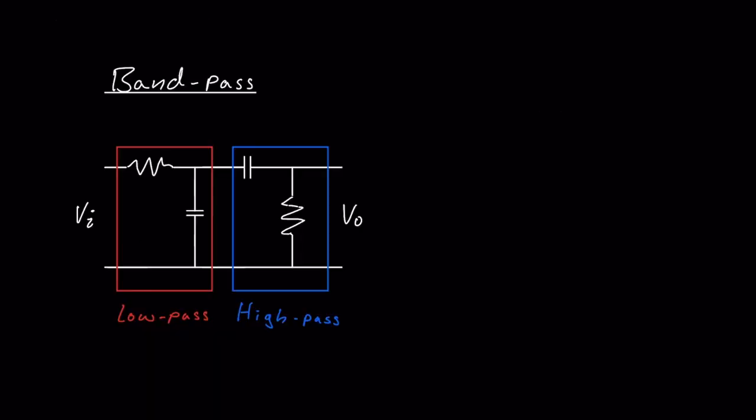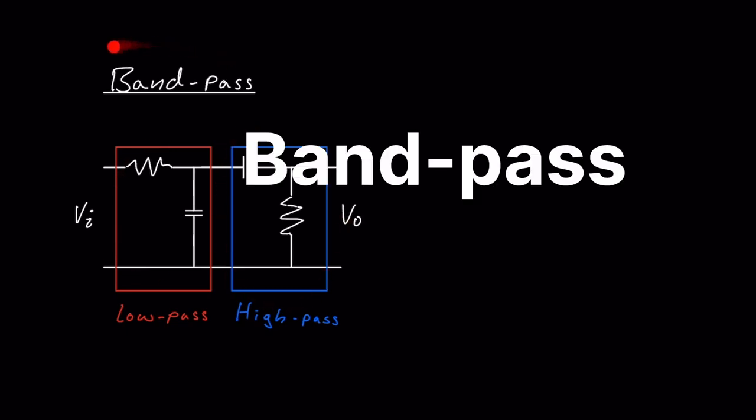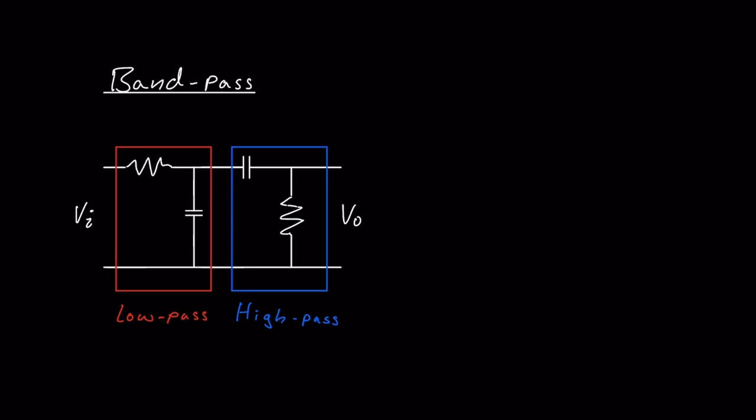As we saw earlier, the band pass was a multiplication of the low pass and the high pass filter in the logarithmic domain. So when we're drawing a circuit, we can just put them next to each other, and then we'd get a band pass filter.